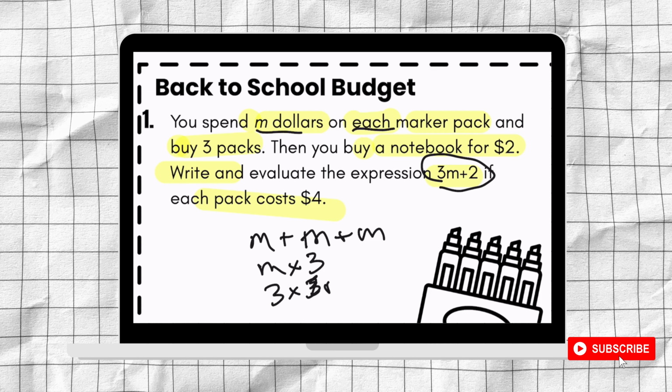So 3 times M. When we write this as an expression, we would just write 3M right next to each other. We know that means to multiply. So instead of saying 3 times M, 3M means I'm multiplying.